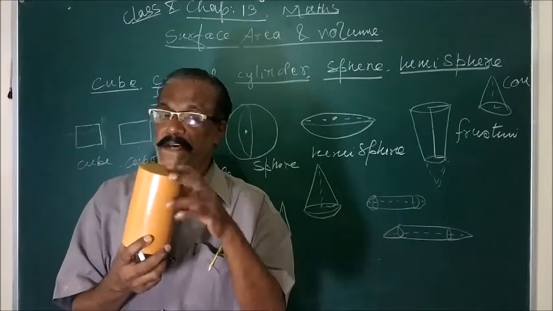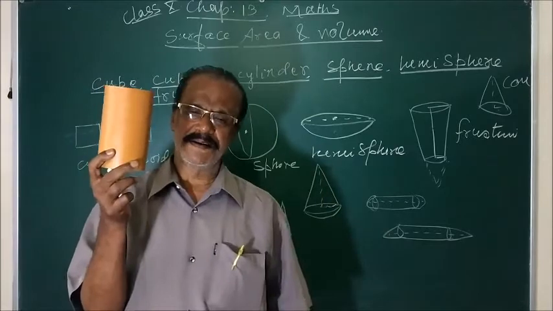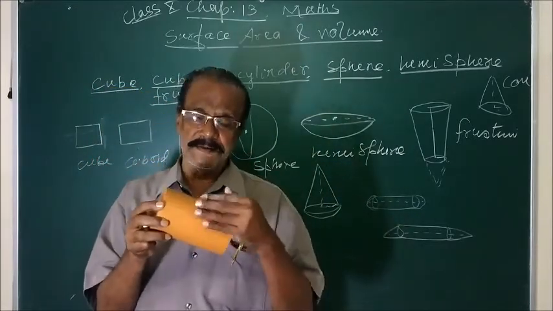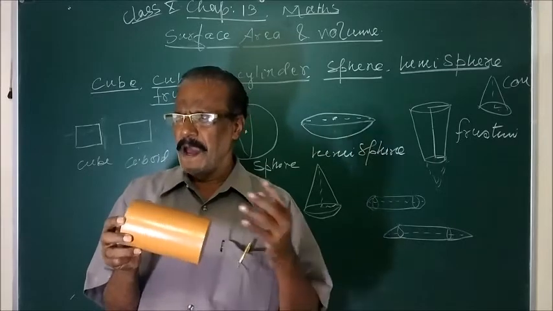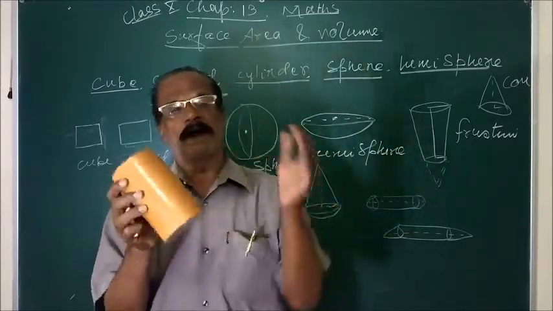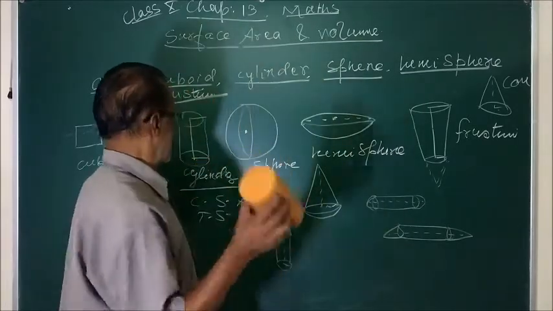These are the 2 circular bases, and this is the height. You have to find the area of the curved surface. If you have to find the total surface area, you have to add the surface area of these 2 bases. So this is about the cylinder.